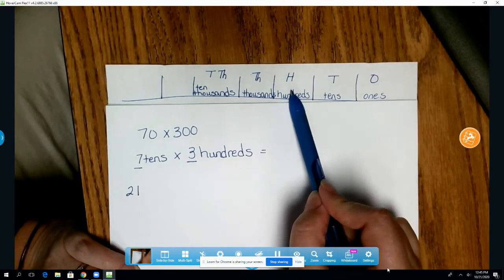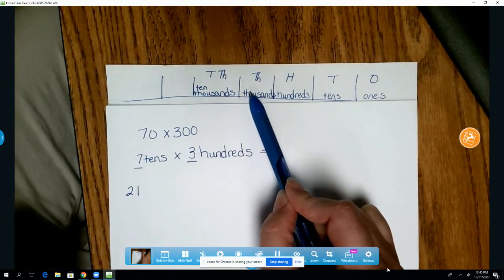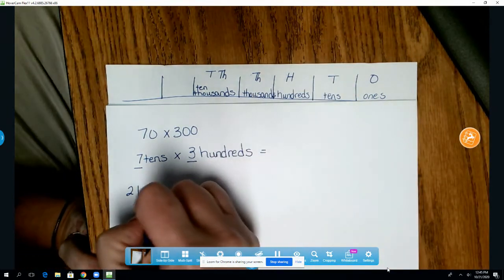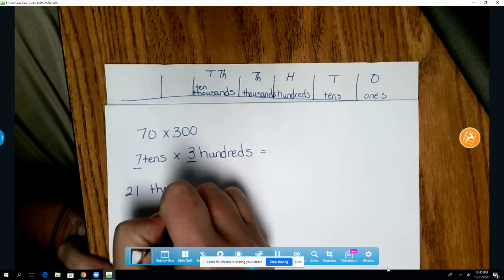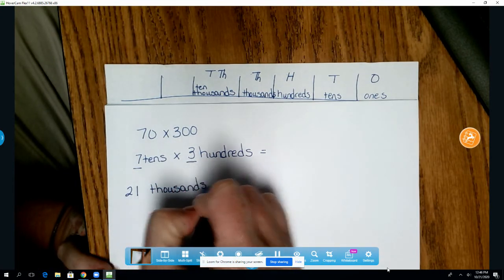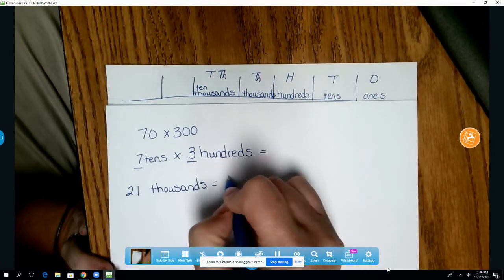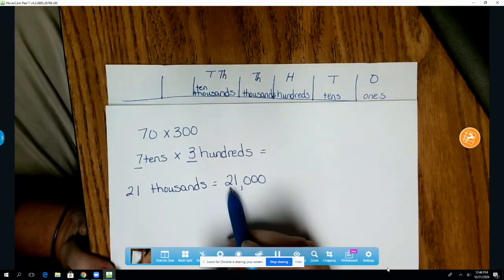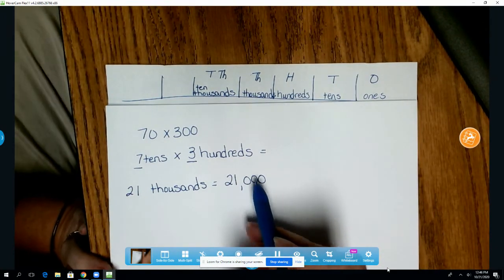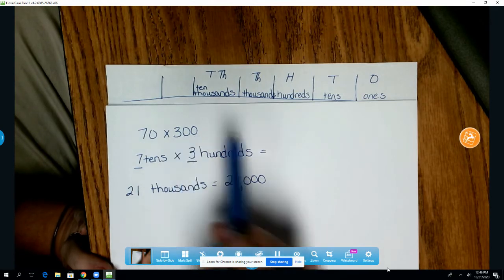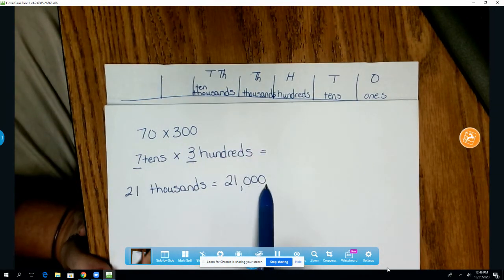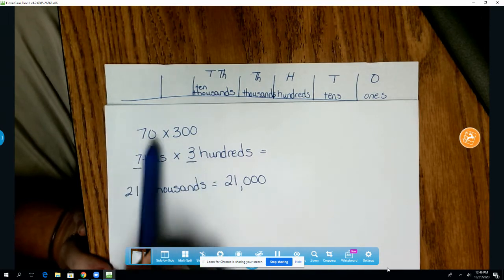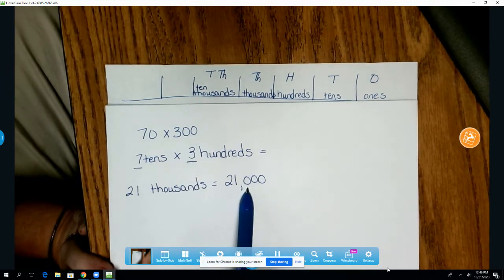So that would be 10 times 10. So we would be looking at thousands now. So now we have 21 thousands, which is 21,000. This is our standard form. And if I look, there's 1, 2, 3 zeros, 1, 2, 3. So my math fact, and then the number of zeros in the problem.